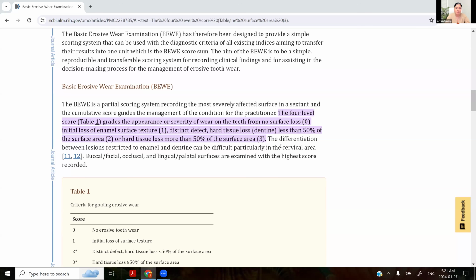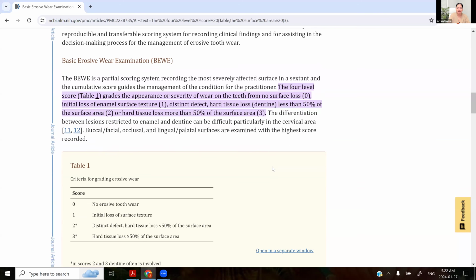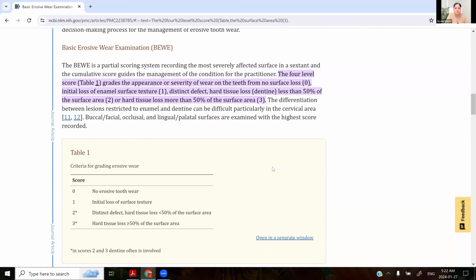Okay. So the Basic Erosive Wear Examination is a partial scoring system recording the most severely affected surface in a sextant, and the cumulative score guides the management of the condition for the practitioner. The 4-level score grades the appearance or severity of wear on the teeth from no surface loss, so no wear involved, that would be score 0. No erosive tooth wear. That's a healthy tooth, right?